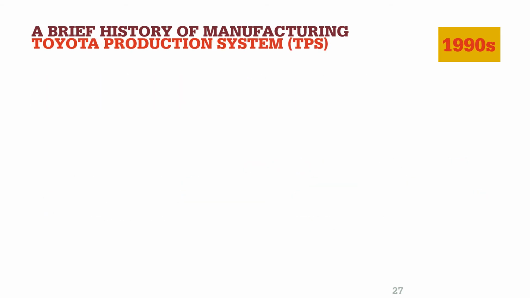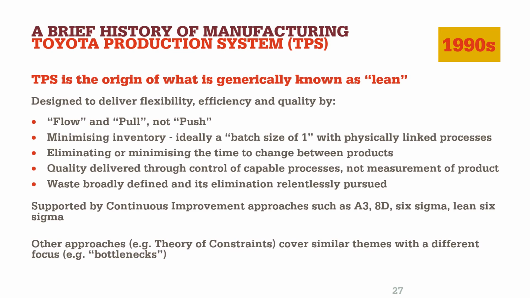A lot of the practices of Toyota have been codified into what is generally referred to as the Toyota production system, which is really the origin of what a lot of people refer to as lean or lean manufacturing. And if we think about it in process terms, lean manufacturing is really designed to deliver flexibility, efficiency and quality by focusing on those aspects of flow and pulling product only as it is needed through the system rather than pushing big batches.